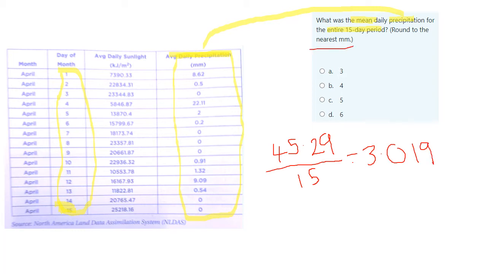Now we need to go to the nearest millimeter. So we can forget about this. 0 would round down, so the answer will be 3. I have seen people fail the exam by 1 or 2 marks, and they came out of the exam saying they got confused between the mean and the median. So do make sure you know the difference between mean, mode, and median.